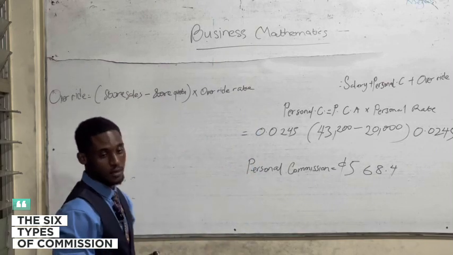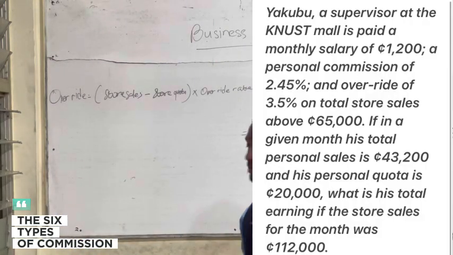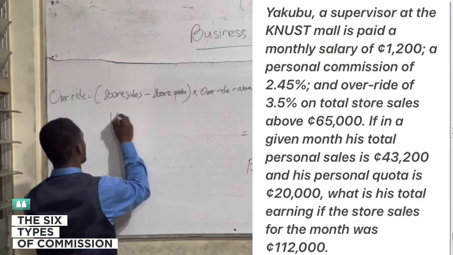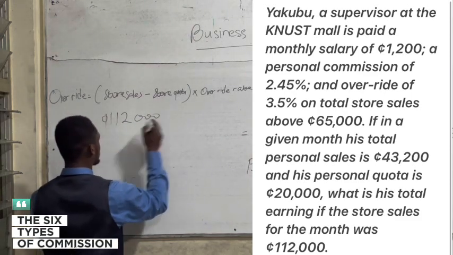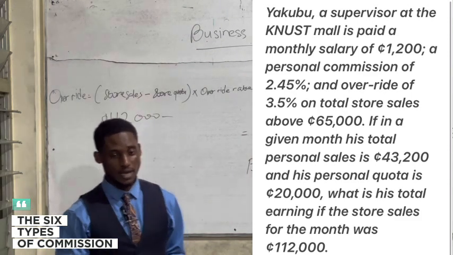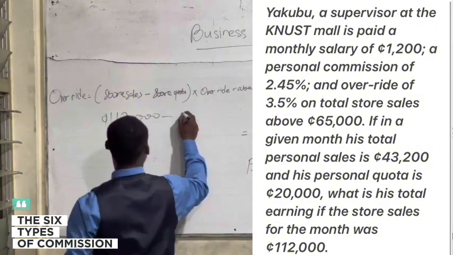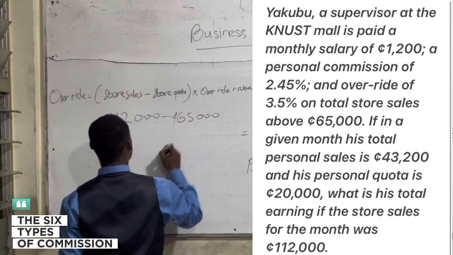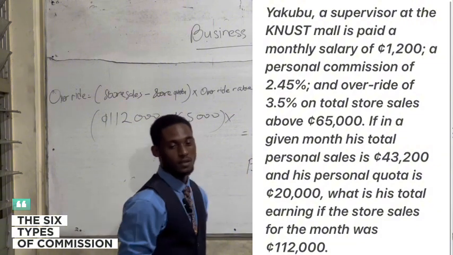So now in the question, the store sales has been given and it's 112,000 cedis. And the store quota has also been given, 65,000 Ghana cedis. So here, you do your subtraction and your multiplication as well.